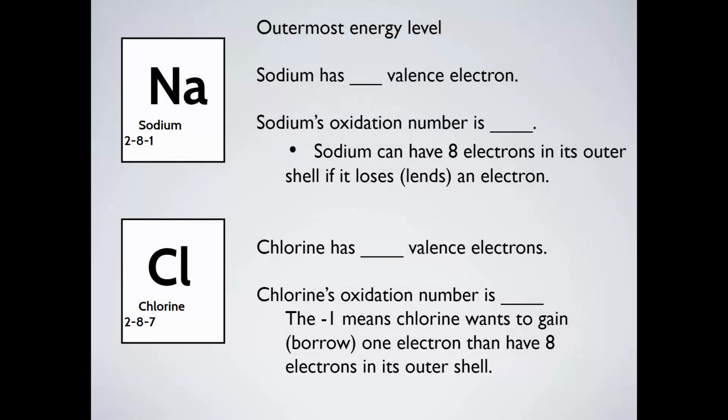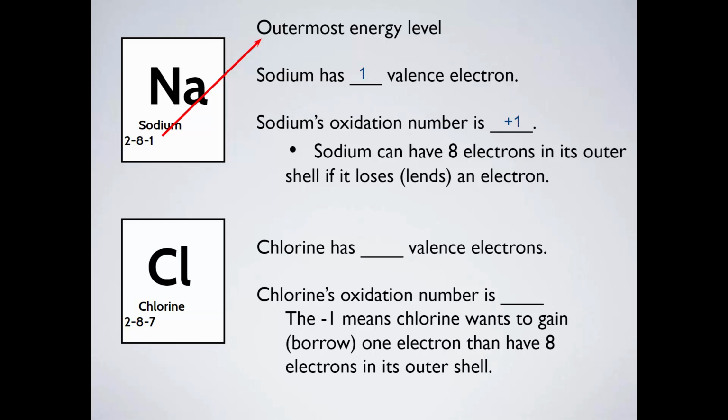All right, so let's look at some examples so that you can understand this and be clear. So, 1 electron in sodium's valence level. What do you think its oxidation number is? You need a sign with an oxidation number. Would it be -7 or +1? What does it want to do? Get rid of it. It has 1, what do we say?